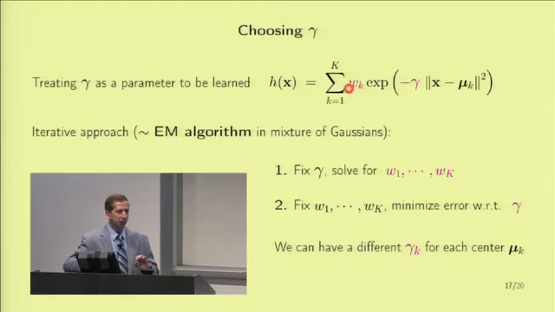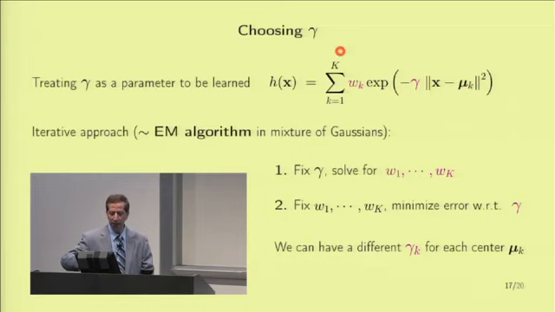The way I'm going to take advantage of it is to separate the variables into two groups: the expectation and the maximization, according to the EM algorithm. And when I fix gamma, then I can solve for the W_k's directly. I get them, so that's one step. And then I fix the W's that I have, and try to optimize with respect to gamma according to the mean square error.